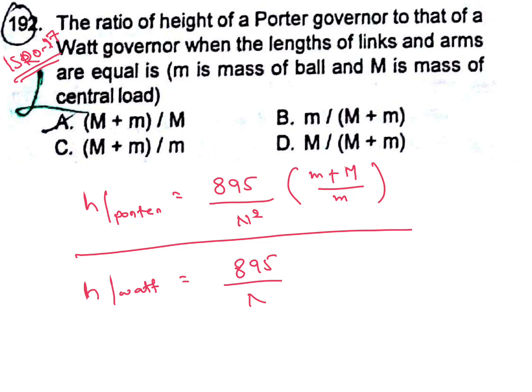Finally you will get capital M plus small m divided by small m. So option C is our answer.